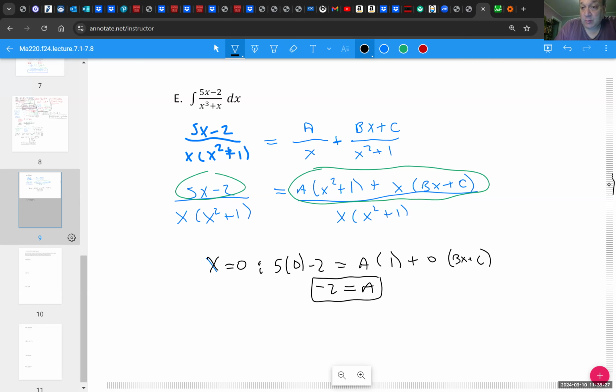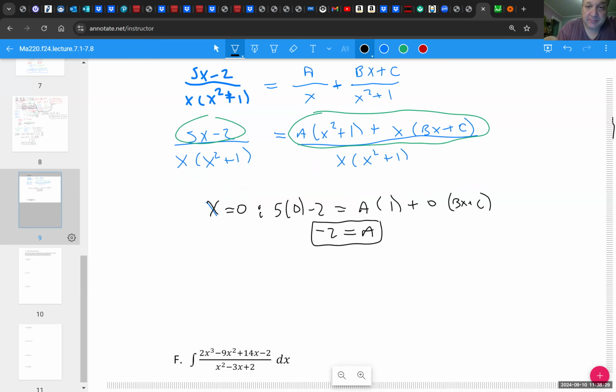Like x equals 1, I think, is pretty easy to compute. So x equals 1. If I put that in there, I get 5 times 1 minus 2, which would be 3. And on the right-hand side, I have 1 squared plus 1 is 2, so it's a times 2. And then I get plus 1 times bx plus c, which is just going to be 1x plus c.